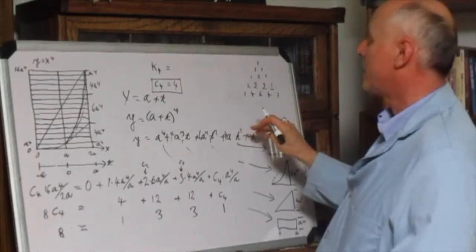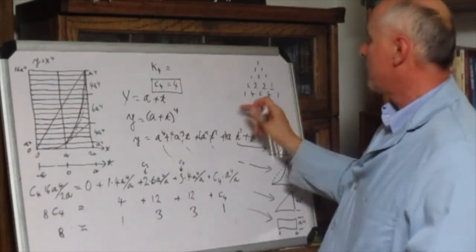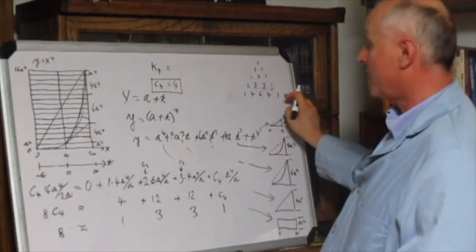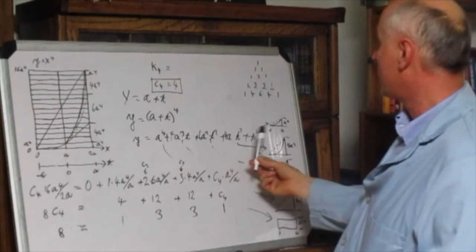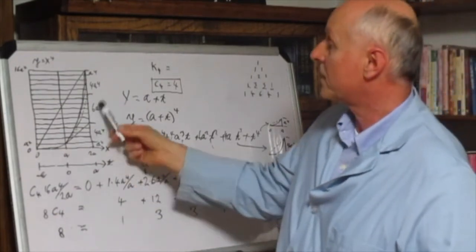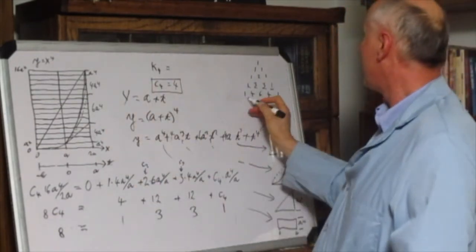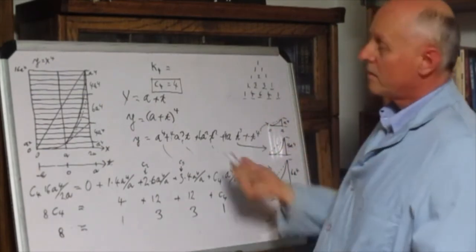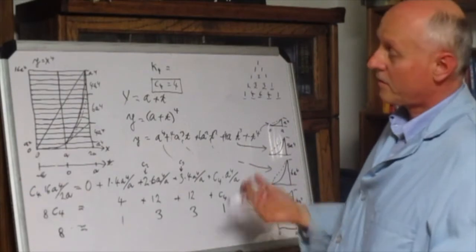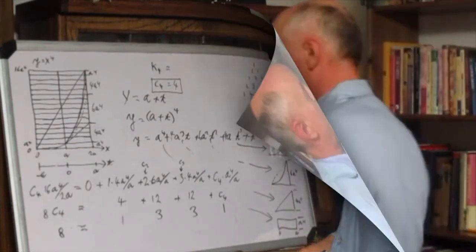And you can see that the ratio of the function itself comes 1 to 4 to 6 to 4 to 1. So that's slope. Now we're going to do area.